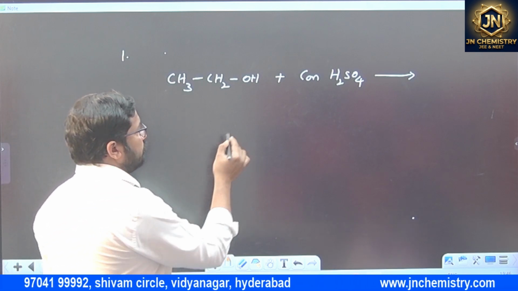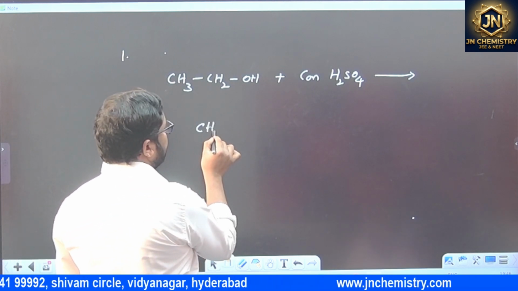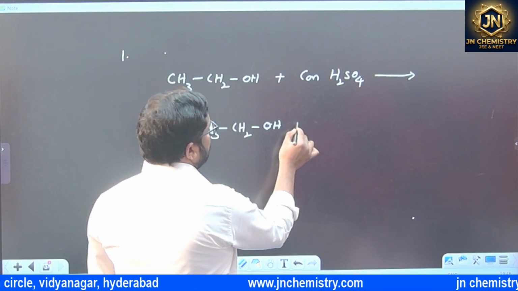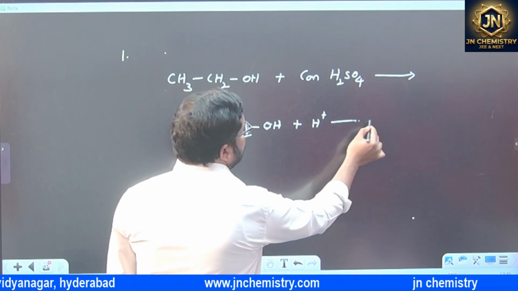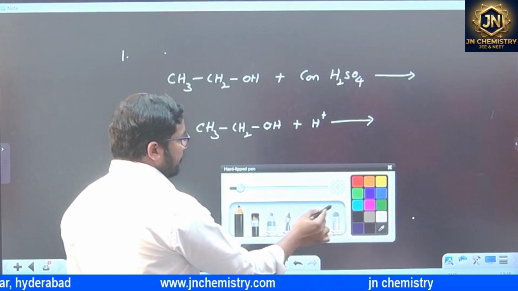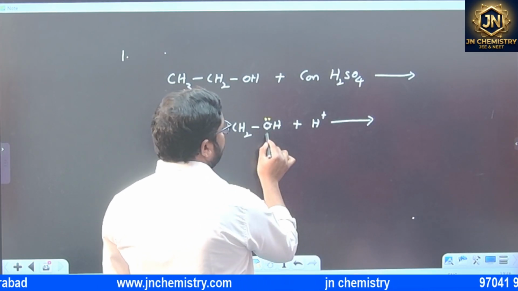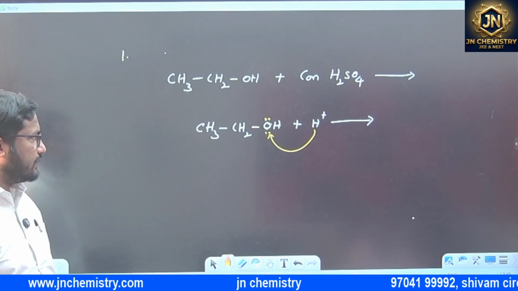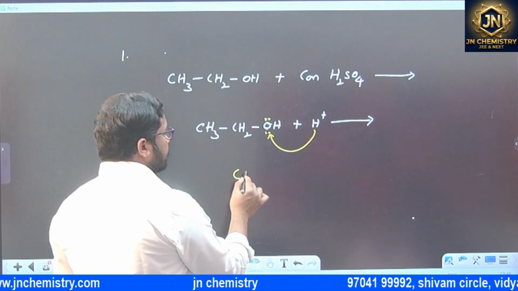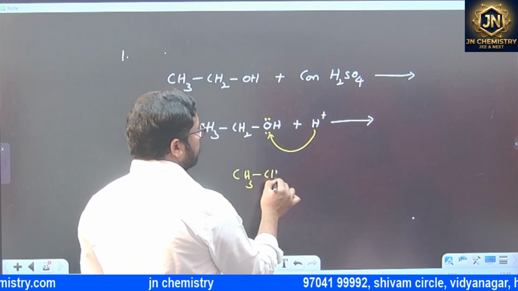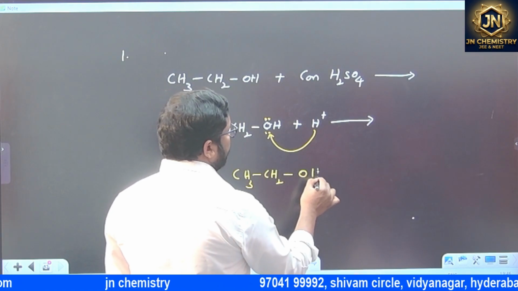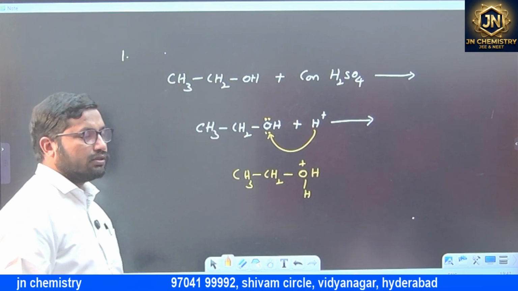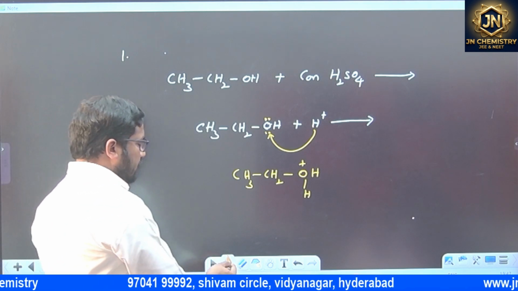First H plus comes in. Oxygen has two lone pairs, so it takes the H plus, giving CH3CH2OH2 plus.